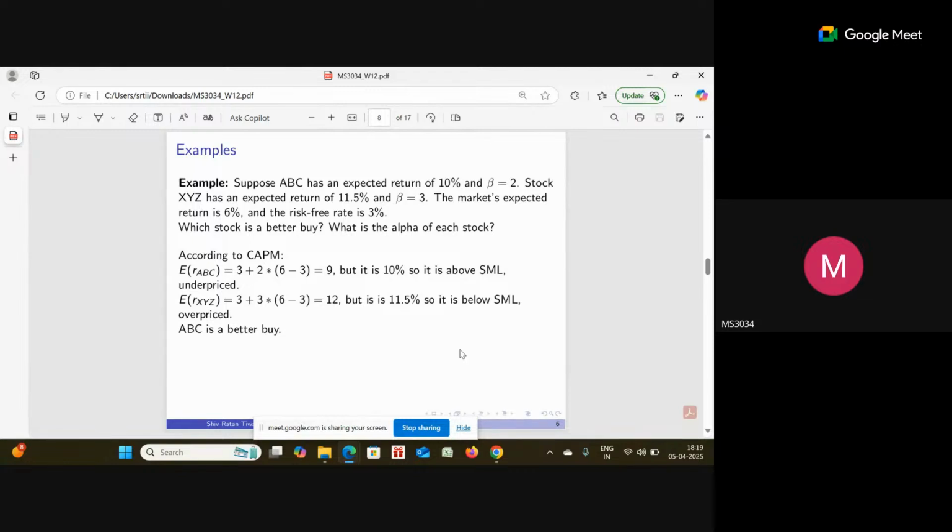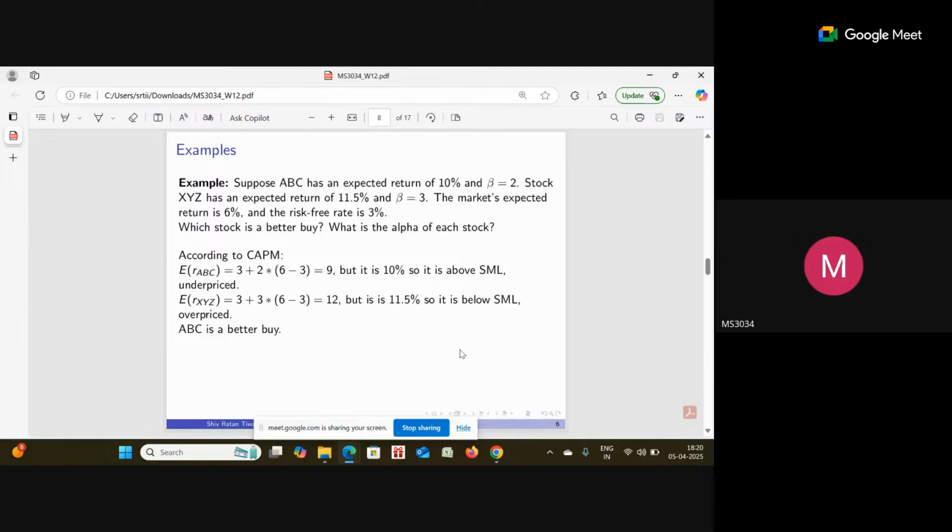That would be RF is 3%, so I have written it in percentage terms only, plus beta is 2 times expected market return, that is 6 minus 3, and if we evaluate this, that turns out to be 9. So CAPM is predicting that ABC should have an expected return of 9 given this beta and given this market return. But actually ABC is giving you an expected return of 10%, that is above the prediction of CAPM. So it is lying above the SML, so it is underpriced.